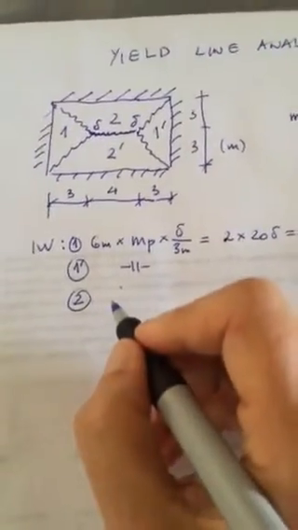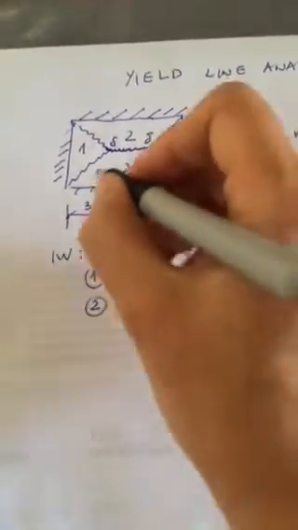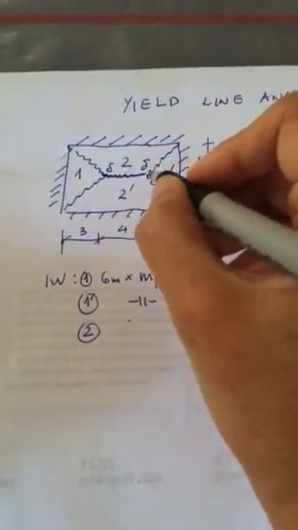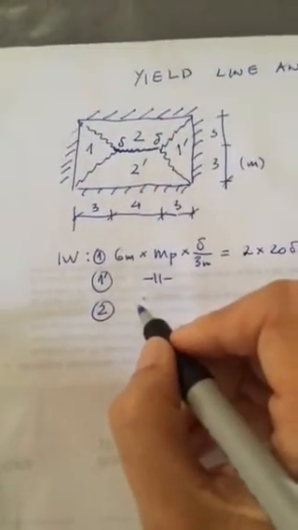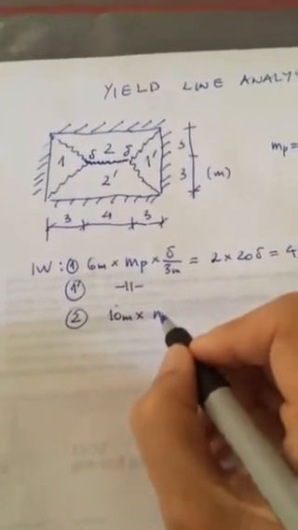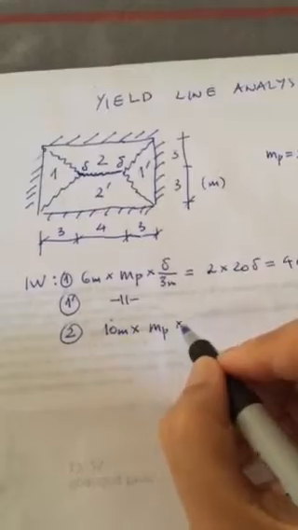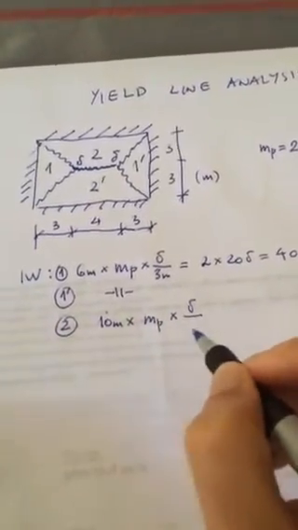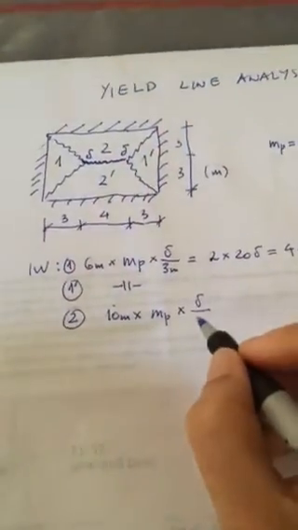internal work will be the projection of the whole yield line, so that's 10 meters, times moment of resistance of reinforcement, times delta over, again, 3 meters.